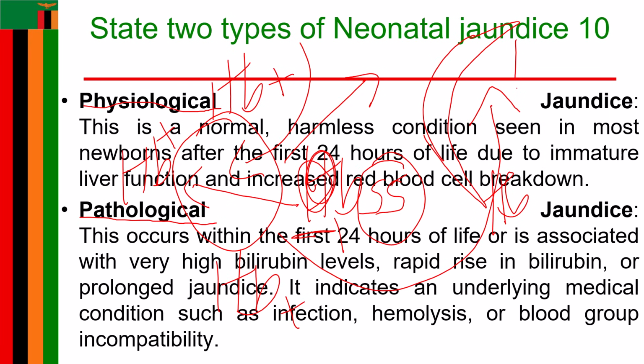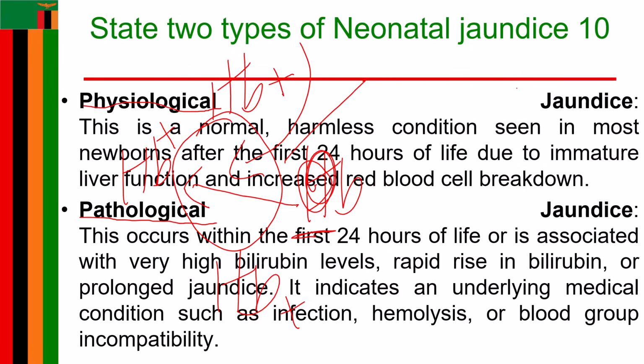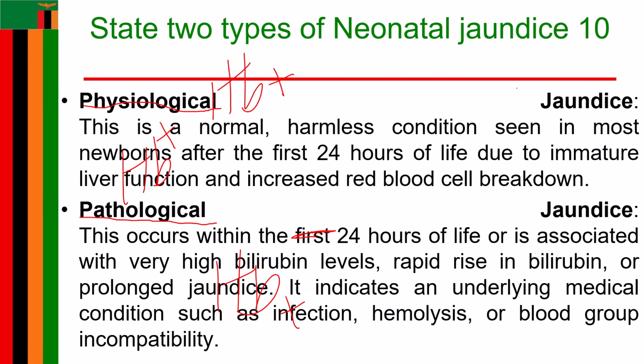And the end result that we end up having is jaundice. That's why you see jaundice being common in sickle cell patients. In this particular case, this child has sickle cell, meaning that they have pathological jaundice because the cause is a medical problem. So that is how we end up seeing hemolytic diseases like sickle cell causing pathological jaundice.